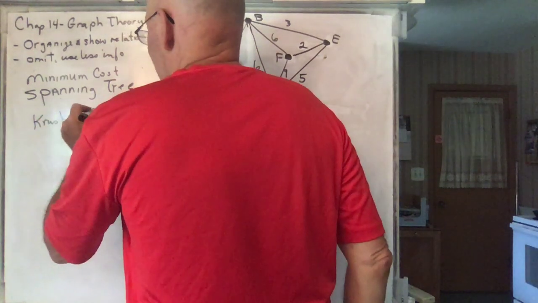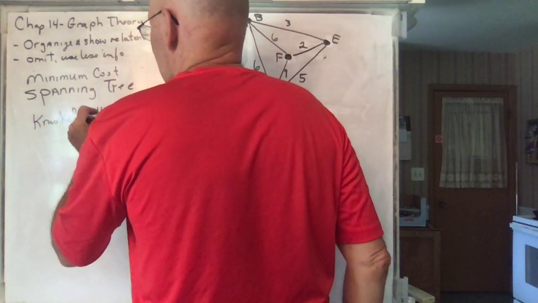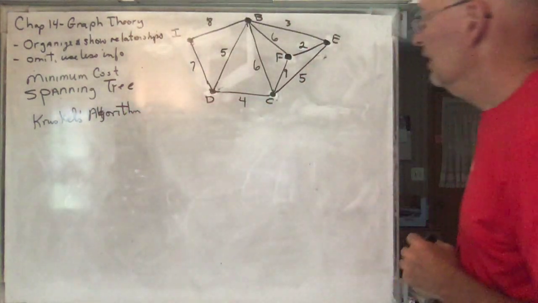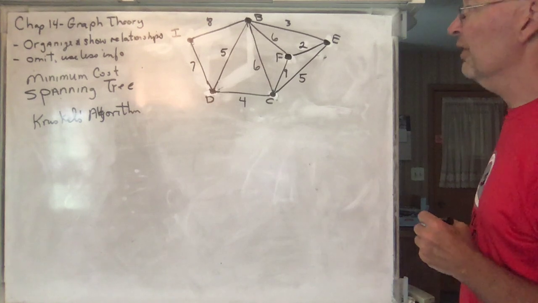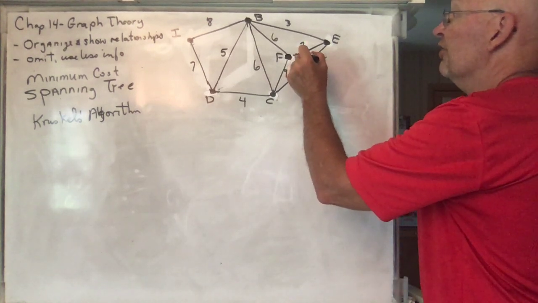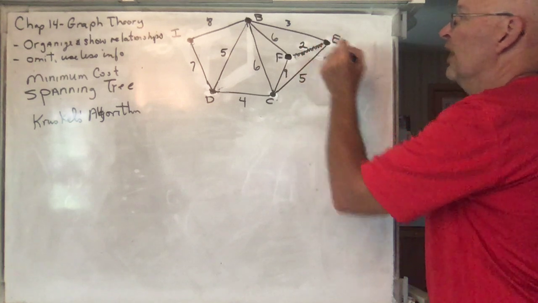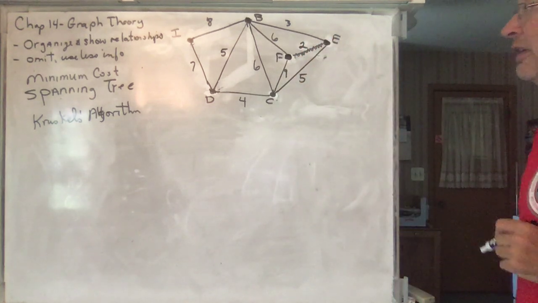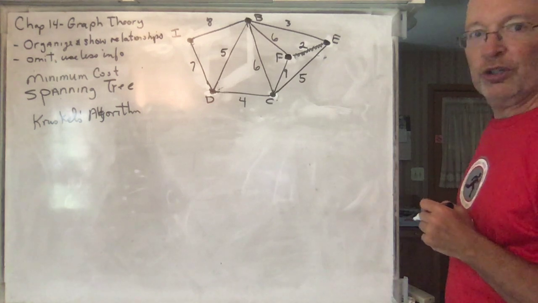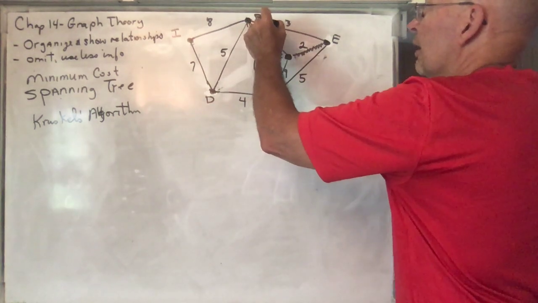which basically says you do kind of the natural thing. You start by saying, well, we want the cheapest routes possible. So here's a 2. It only costs whatever 2 stands for, $2 or $200 or whatever, to make that connection. So we want that. And then you just work your way up. Here's a 3.